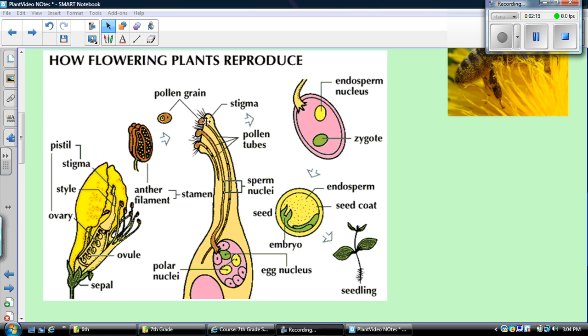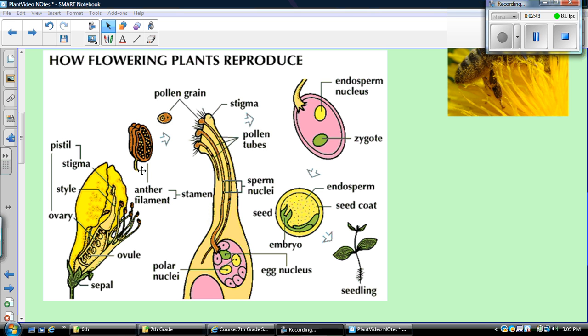When that pollen grain lands on the stigma, the sticky part of the female reproductive system of the plant, the sperm cells travel down through the pollen tube, and they fertilize the egg in the ovary of the plant. That creates a seed with an embryo. Then that seed is released, and you can have a new plant come from there.